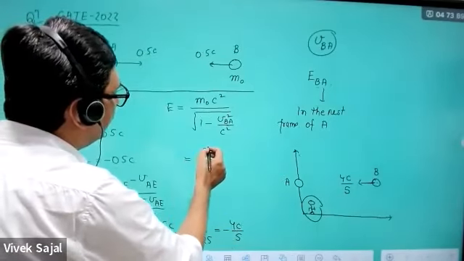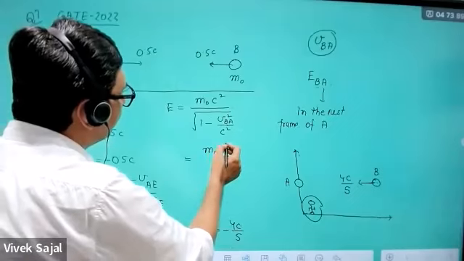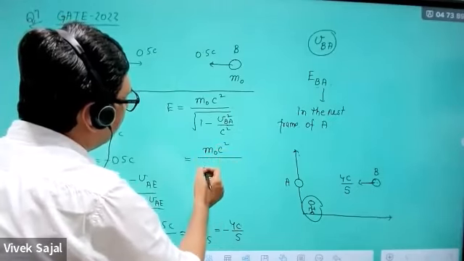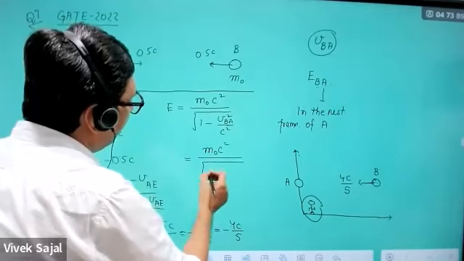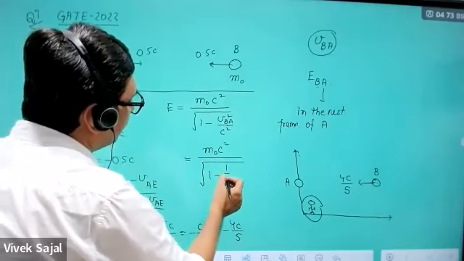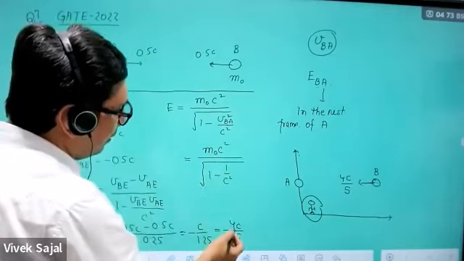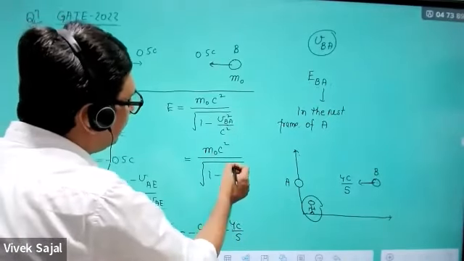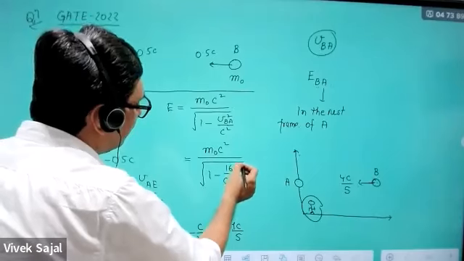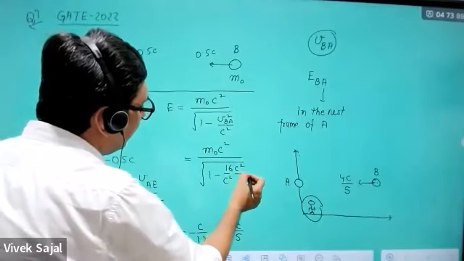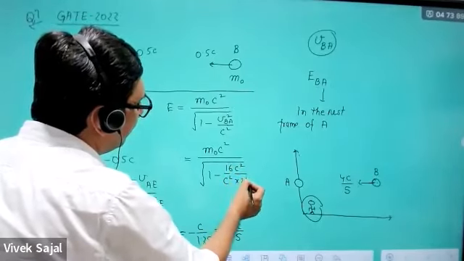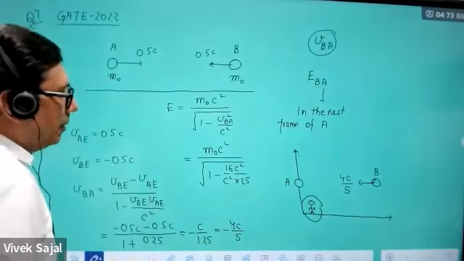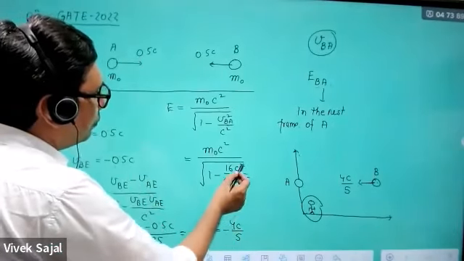So it will be m naught c square divided by square root of 1 minus 1 by c square times v_BA square. This will be squared, so the minus will be gone. So this will be 16c square divided by 25. Here c square is going to cancel out.